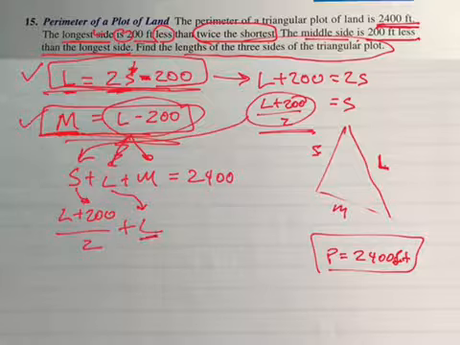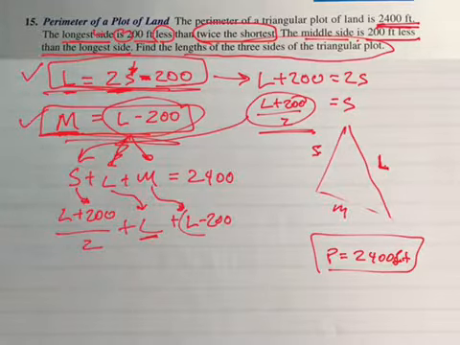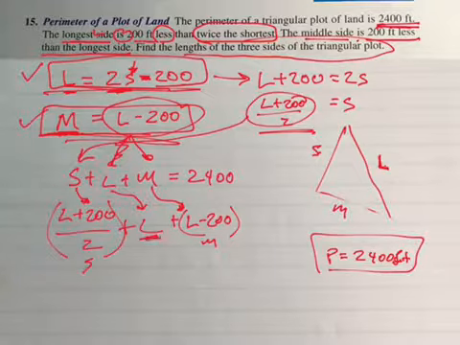This is L, and what's M? L minus 200. Good. There's M, there's S, and there's L. And they're all in terms of L. Since they're all in terms of L, I can do what with this equation now? Combine like terms.